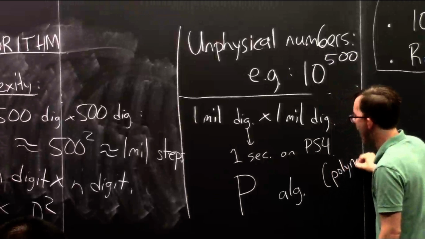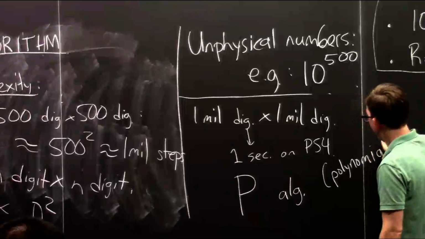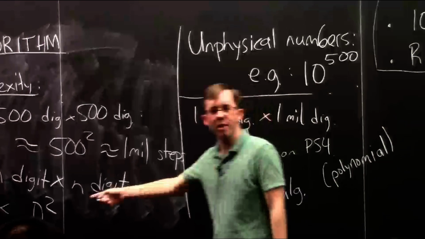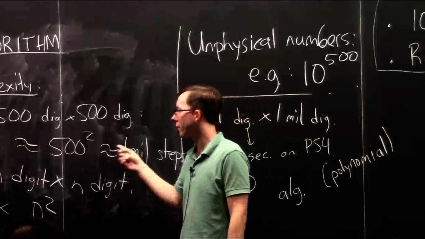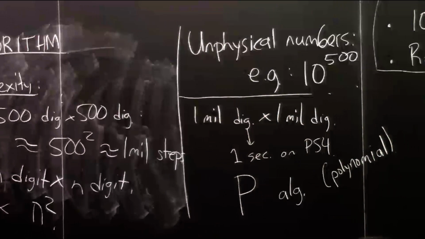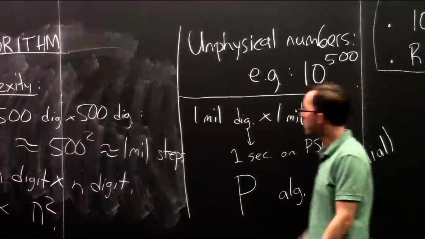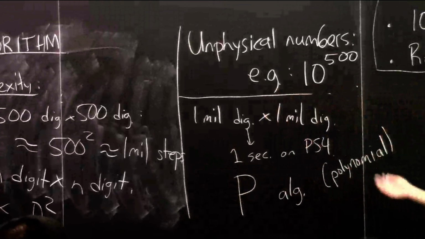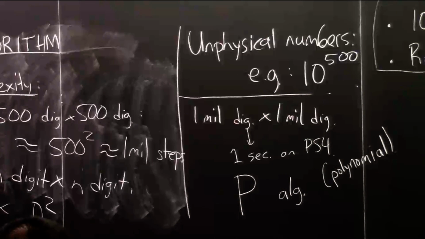That refers to the fact that this number of steps is a polynomial function of the size of the input. In general, these are the kinds of algorithms we like because they can be executed in the physical universe. If I give you a million digit number, the number of steps will be physically plausible. Any questions right now?